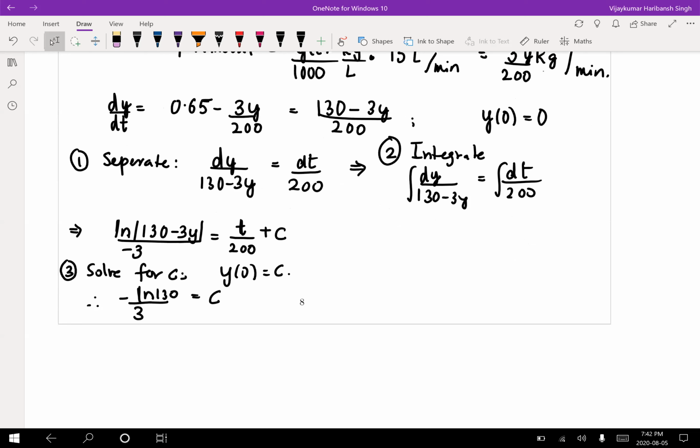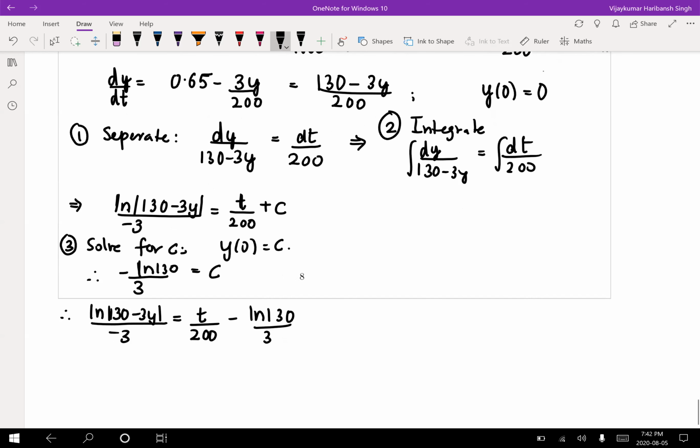Therefore the equation becomes ln of 130 minus 3y, divided by minus 3, equals t upon 200 minus ln of 130 divided by 3. Now bring those things together and combine.